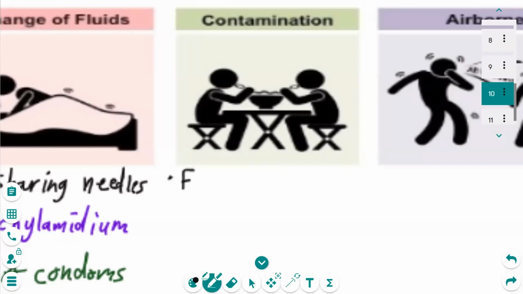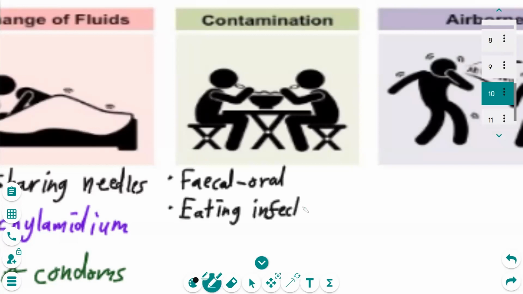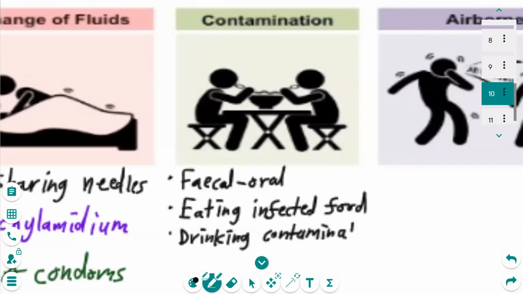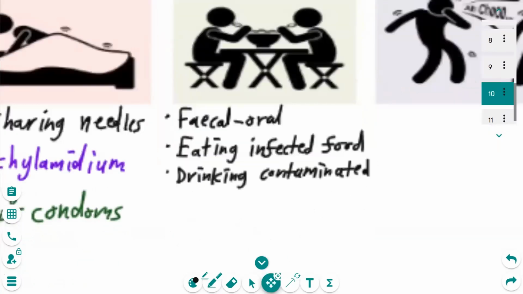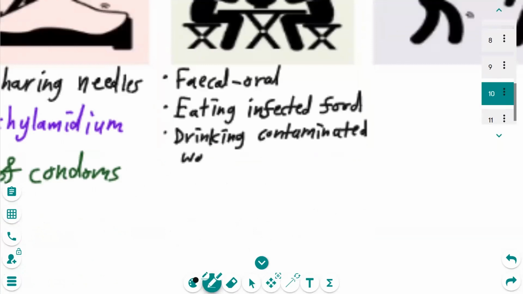So it's by eating infected food and drinking contaminated water. And this is a big problem in some countries such as Africa. So many countries in Africa, this is a problem.